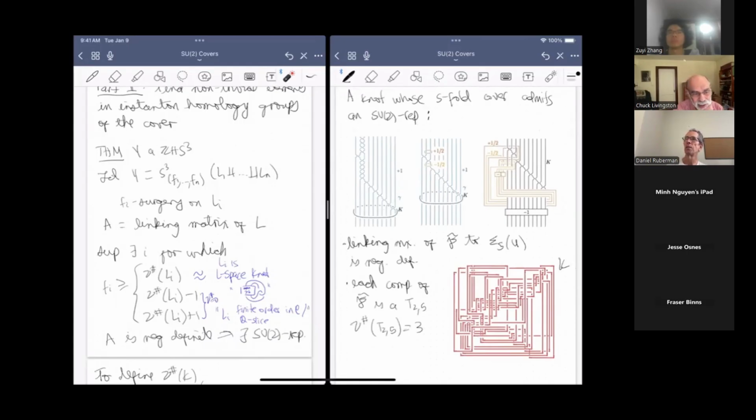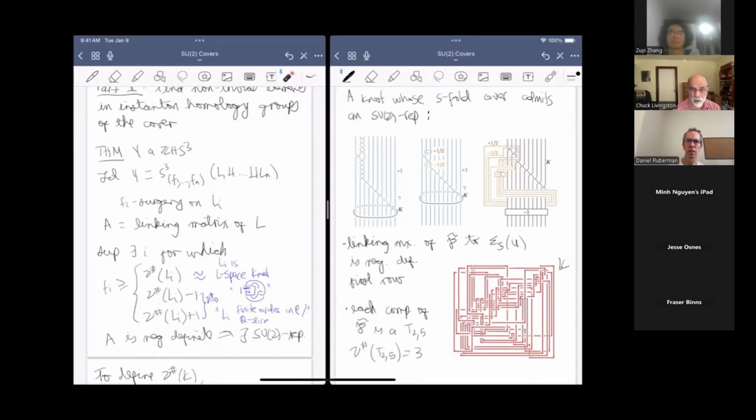And these ones, the linking matrix of these types of surgery presentations that are obtained in this way, they're very simple. They're completely determined by what happens in the first row, and then you just cyclically rotate. And so the first row of this one, this is what's called a circulant matrix.